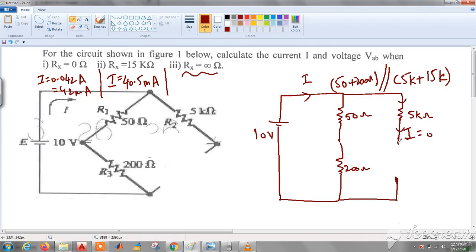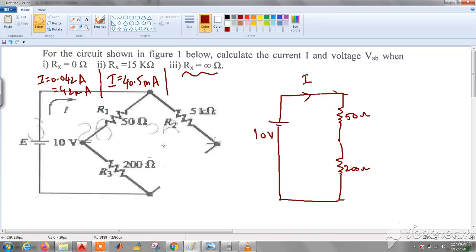Because of the open circuit, no current flows through this branch. So there is no use of this branch and we can directly remove it, like this, or here also we can remove it like this. So we are left with only one branch consisting of two resistors in series, that is 50 and 200, that is 250 ohms.